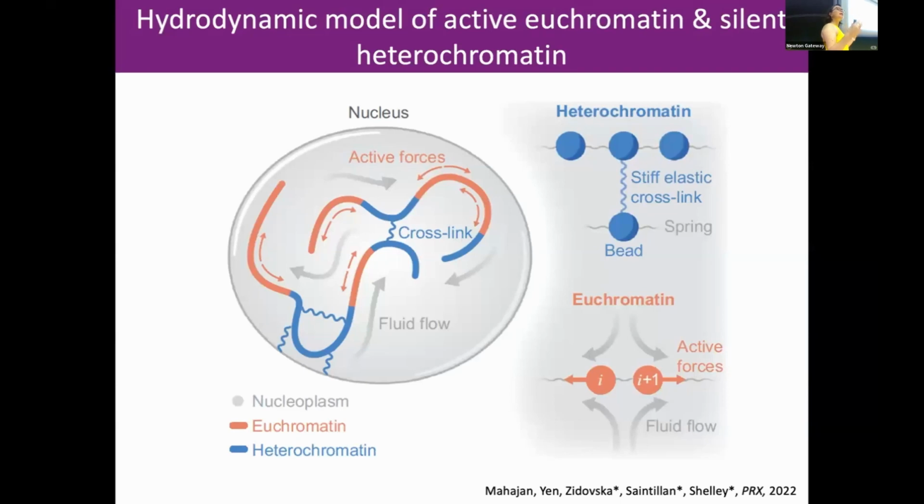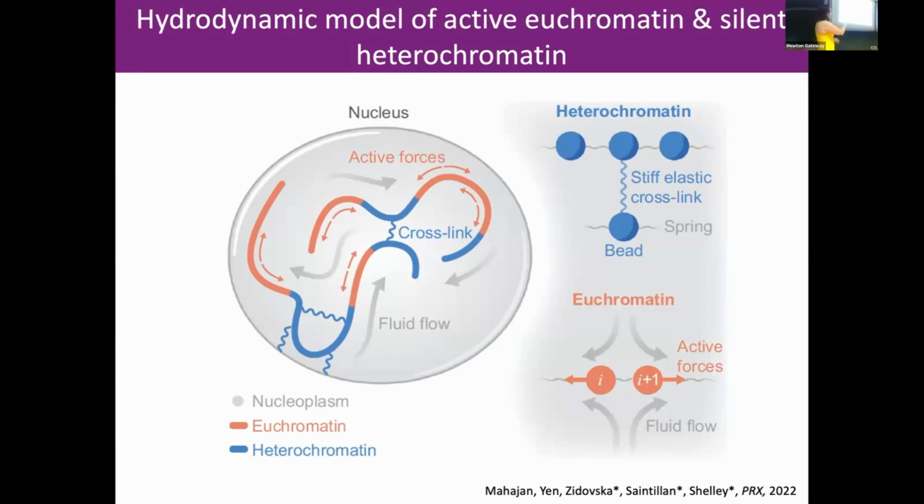Those are the silenced genes, so there are no active forces present there. Moreover, these heterochromatic parts have the ability to cross-link and form this gel phase. In addition, we have added the possibility of forming tethers of heterochromatin with the nuclear envelope, as it occurs in vivo.